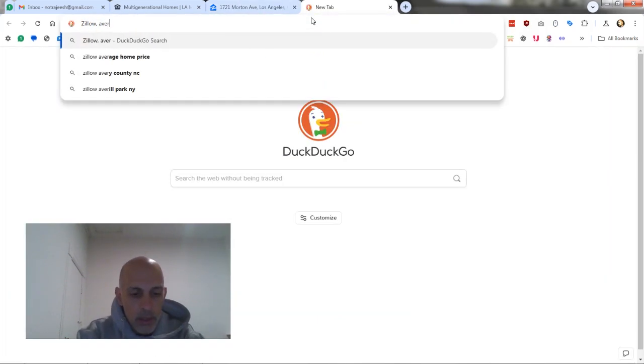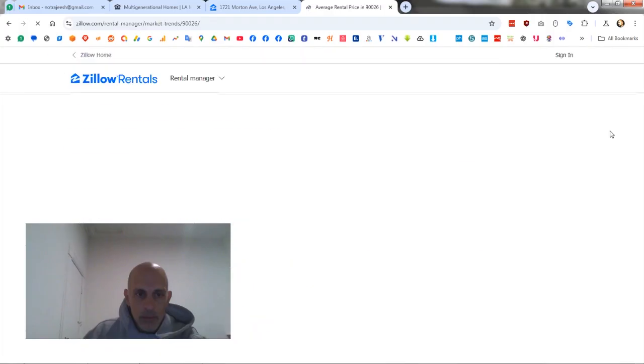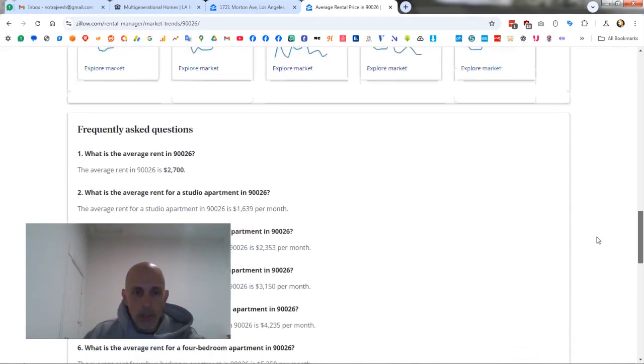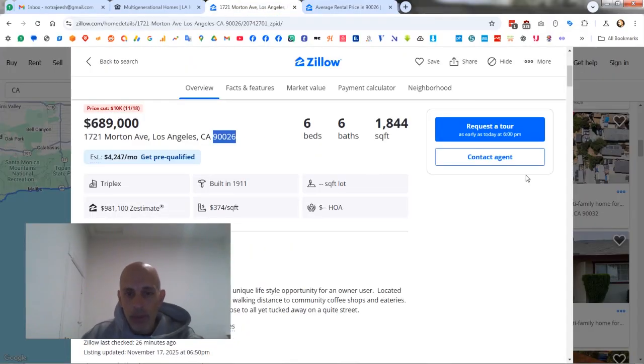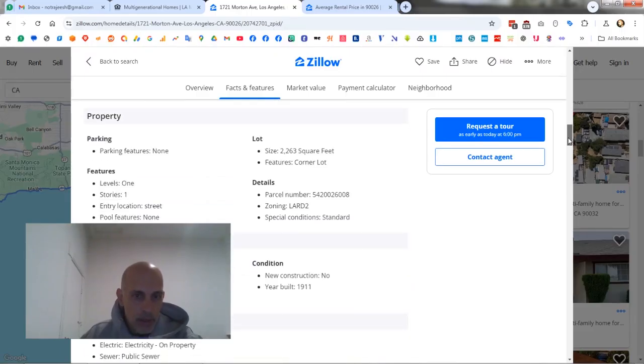Zillow average rent, $2,700 a month. That's pretty good. But let's see what that applies to. A one bedroom is $23.53. Jesus, that's a lot of money.